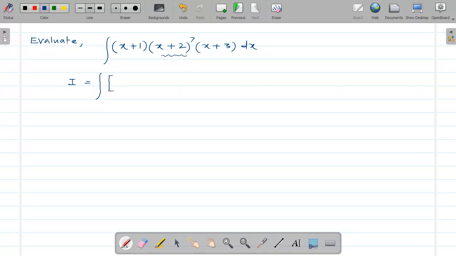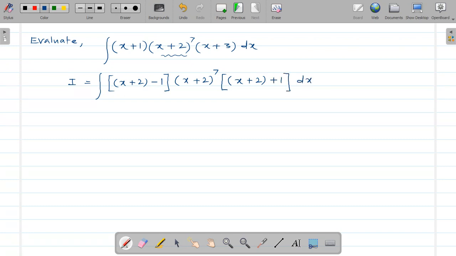This x + 1 can be written as x + 2 minus 1. Okay, so for substitution we need this step. See this carefully: (x + 2)^7 as it is, and this x + 3 can be expressed as x + 2 plus 1.